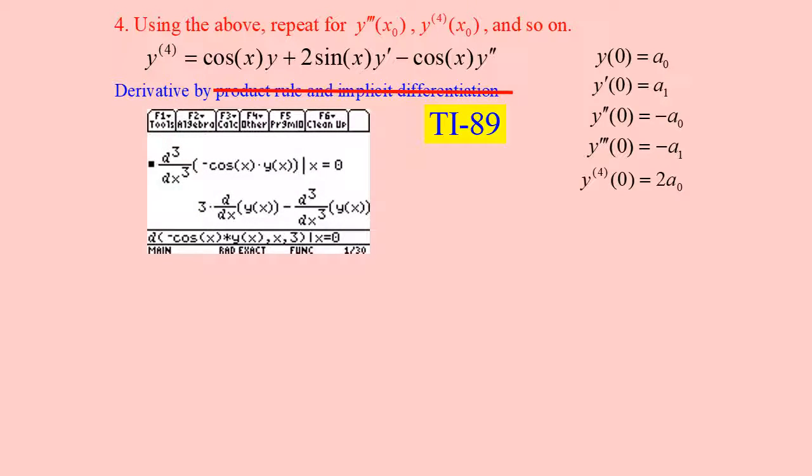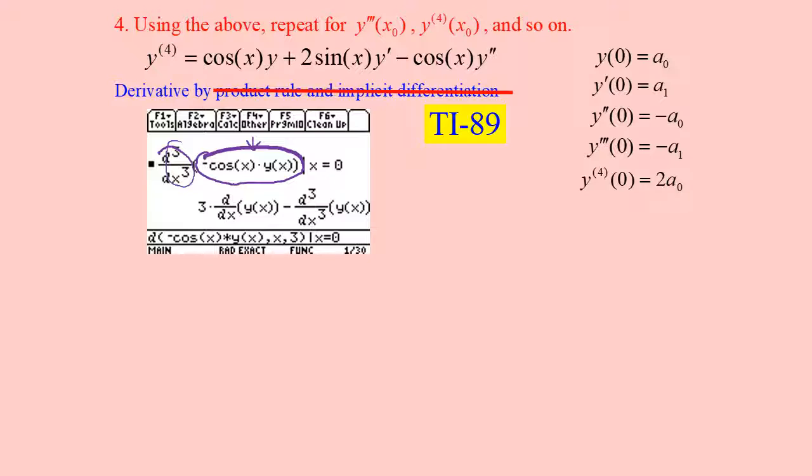Now on the Ch30, what we're going to do is, this is our second derivative. That's what we started out with. Y double prime equals negative cosine of x times y. And we're on the fifth derivative, so we need to do the third derivative of the second derivative.